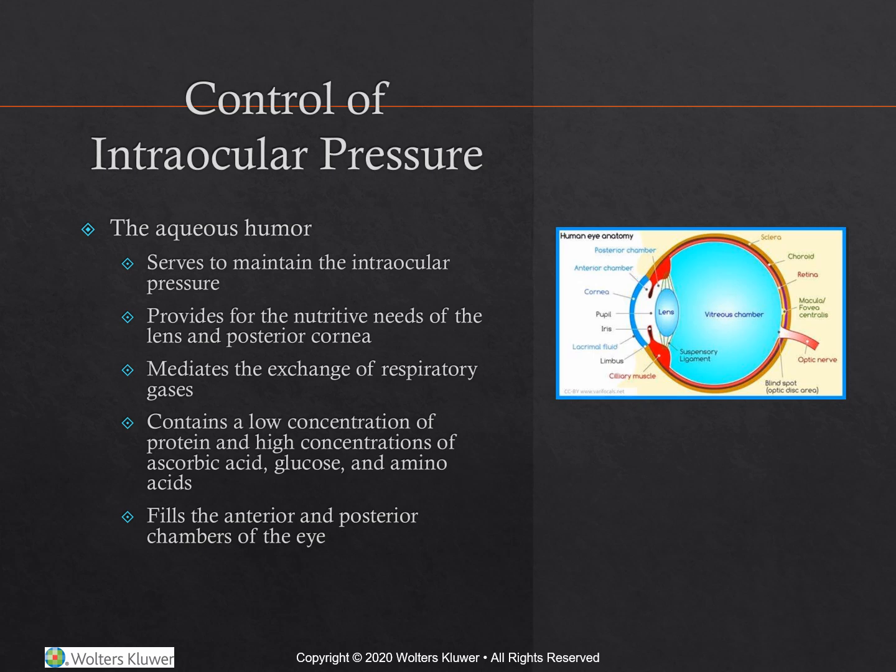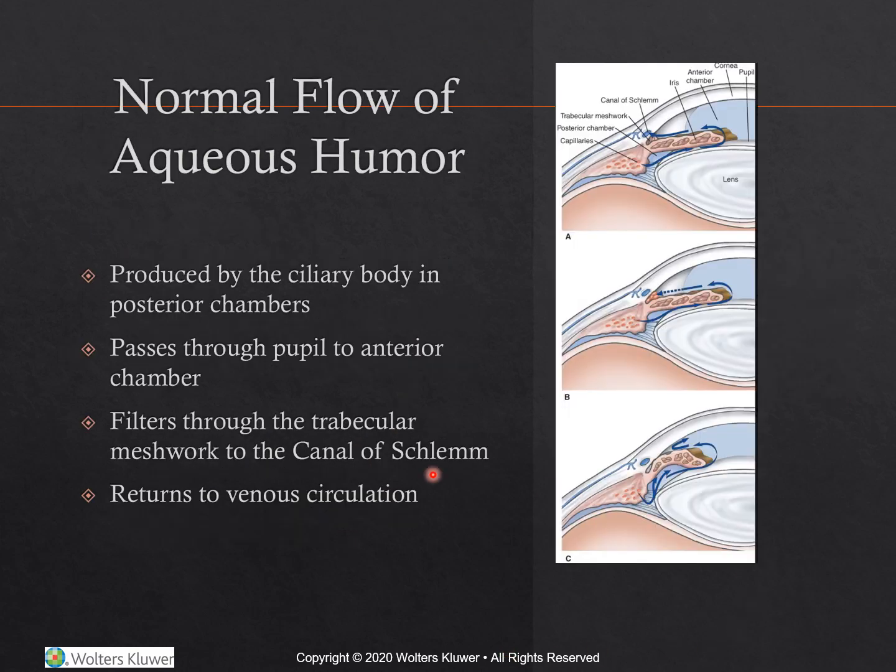Aqueous humor contains low concentrations of protein and high concentrations of ascorbic acid, glucose, and amino acids, and it fills the anterior and posterior chambers of the eye. So as that aqueous humor flows, it has a normal network that it travels through. Aqueous humor is produced by something called the ciliary body, which is in the posterior chambers of the eye.